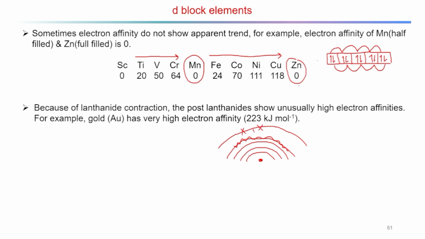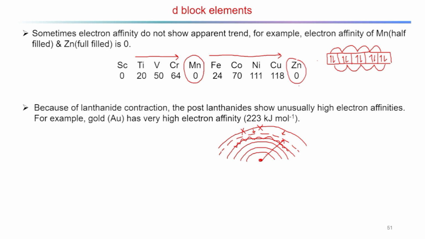So this orbit actually shrinks, it comes closer and it comes here. As it is shrinking, you can see the distance is decreasing between the nucleus and this valence shell where the electron density is maximum.